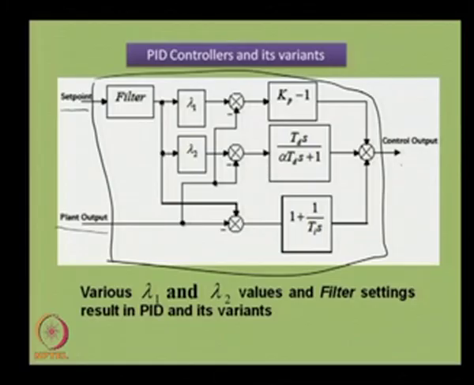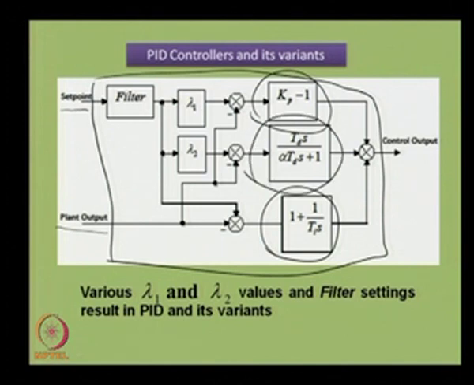Now, what are those three components of a PID controller? This is the proportional controller we have, integral controller and derivative controller, all in parallel. This form of the PID controller is known as the parallel PID controller. Now, you see there are some other parameters involved in the controller structure. Those are lambda 1 and lambda 2.